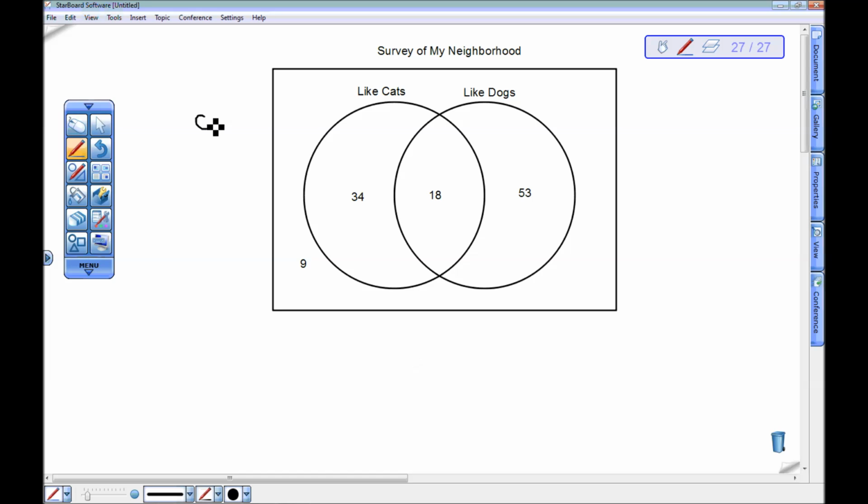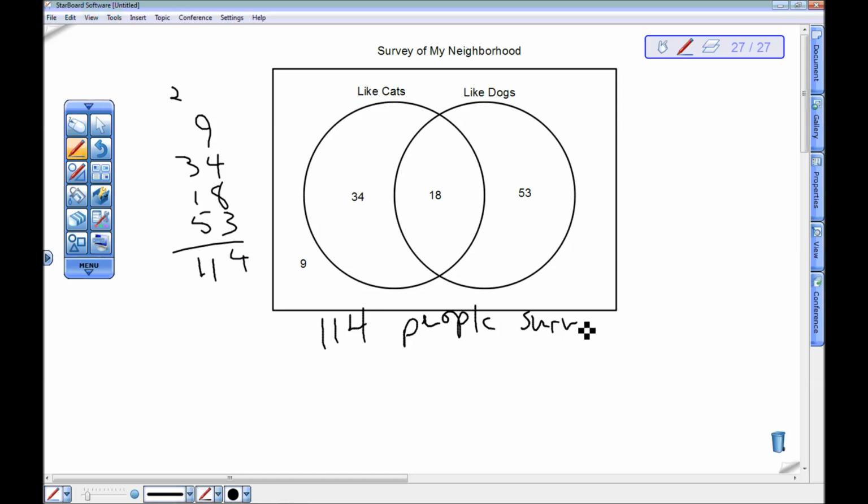I've got 9 that didn't like either, 34 that liked cats, 18 that liked cats and dogs, 53 that just liked dogs, 7, 15, 24, 5, 10, 11. So this was a survey of 114 people. Okay, I can get a lot of information from a Venn diagram that has numbers in it, or just the cardinalities of the regions.